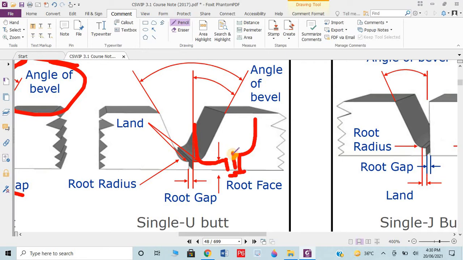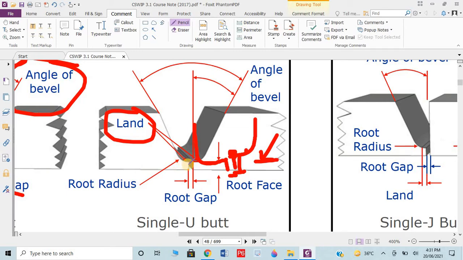Now there is some area from this point to this specific point where the curve starts, meaning the curve has not completely started, but some horizontal area is known as the land. This is an important point. You need to understand where the root radius starts.